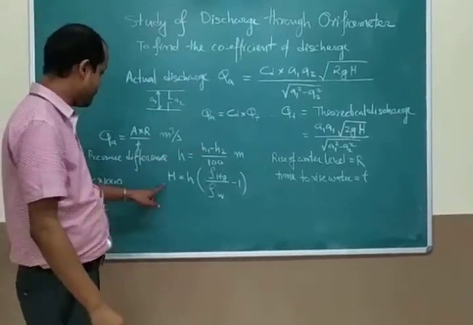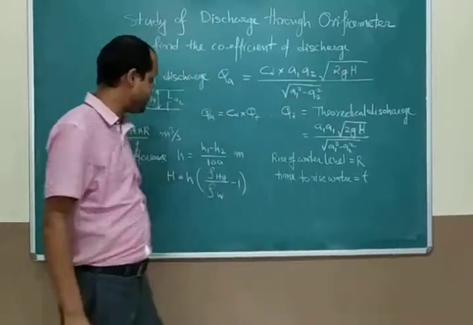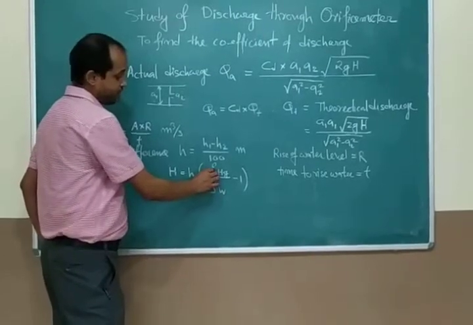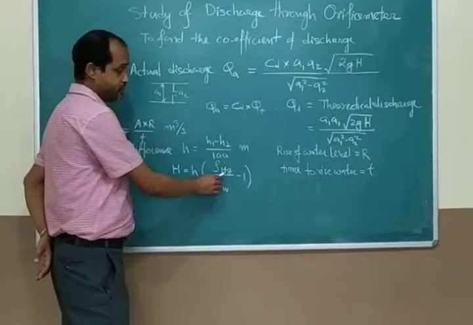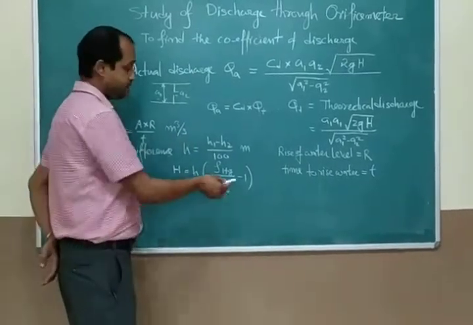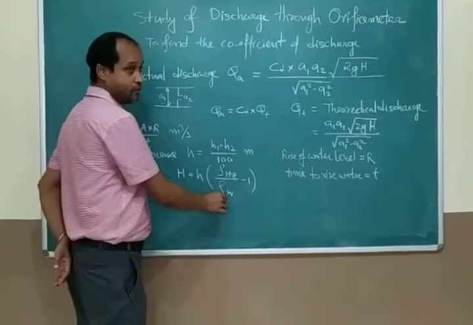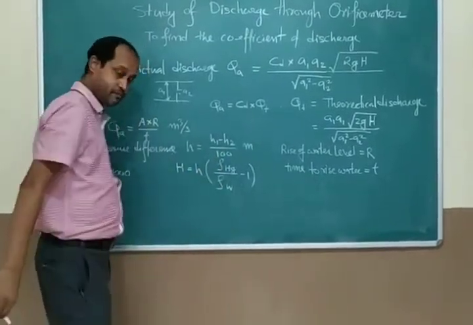After that you have to find out the capital H, which is given by h into density of mercury, because our manometer is a mercury based manometer, divided by density of water, our working fluid is water, minus 1.